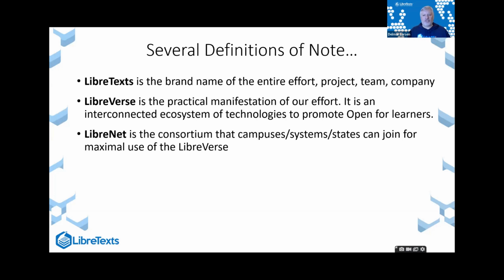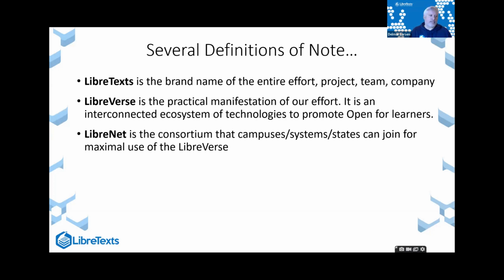You may hear me mention the LibreNet, but I'm probably not going to be discussing it too much. The LibreNet is our consortium. It's our sustainability model. So we operate at cost. We work very hard to try to operate at cost for a variety of reasons, and the primary reason is our philosophy that we don't want to make a profit off of what we're doing.